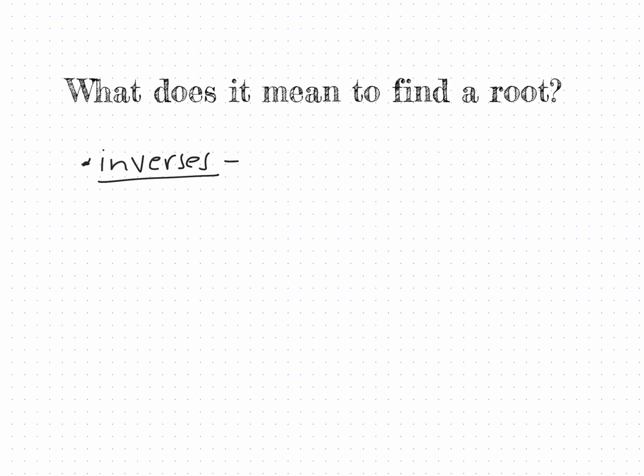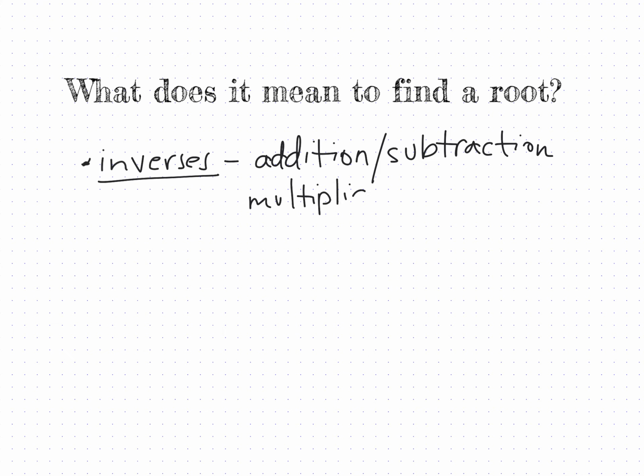For example, when we solve equations, if the equation involves some addition, in order to solve that equation, we know that the inverse operation we would use is subtraction. So addition and subtraction, those are inverses. Of course, if we had an equation that used some multiplication, we know that we could use some division, or vice versa, because multiplication and division are inverses.